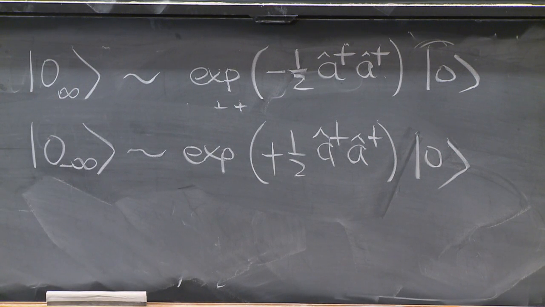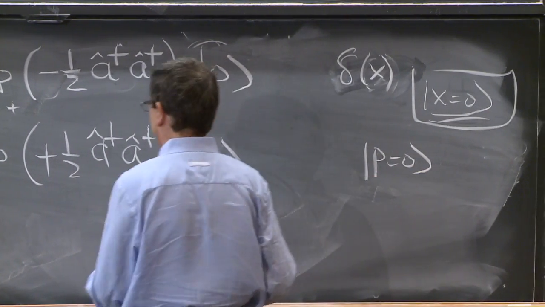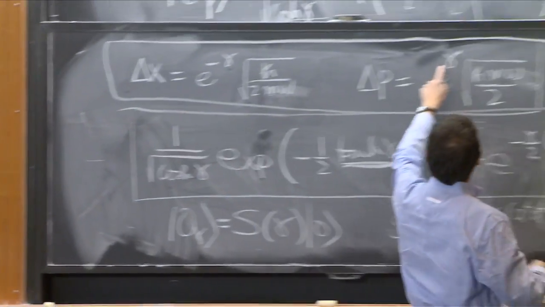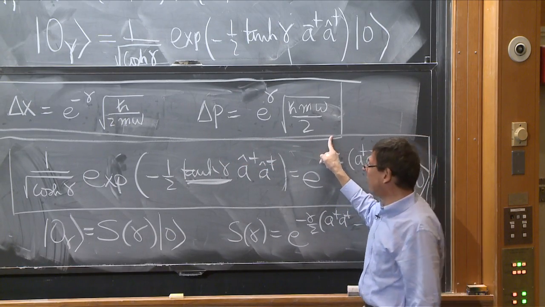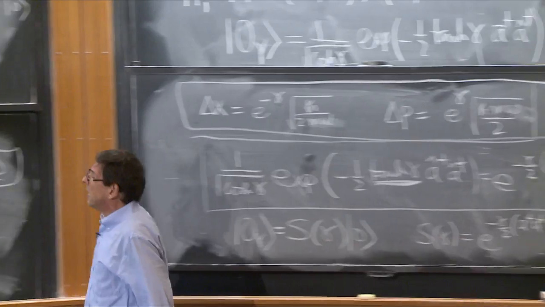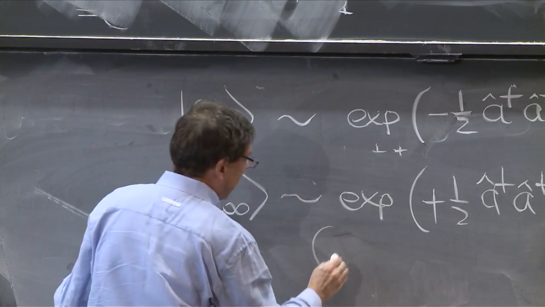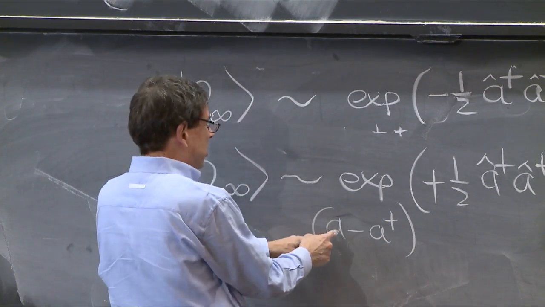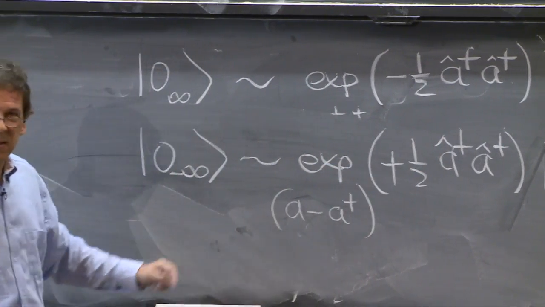And this state is a delta function in momentum. It's the momentum state p equals 0. Why? Because gamma is going to minus infinity, the uncertainty of momentum is going to 0. And therefore, indeed, if you act with the momentum operator on this state, it's like acting with a minus a dagger. You've changed the sign of this, but you've changed the sign here, so it also kills this state.